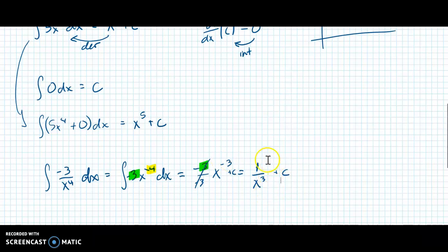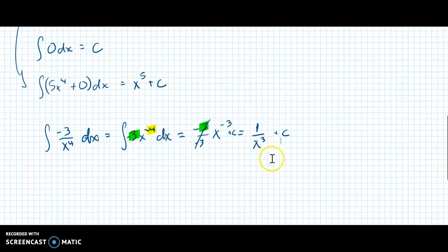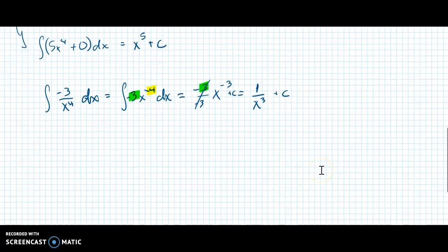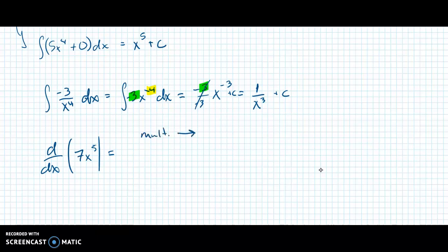So let me try to make a little bit more sense of that with an equation that is a little bit more simple. So to see it, let's do the derivative with respect to x of 7 times x to the fifth. Well, there are two steps here when we do this power rule. I multiply, and then the next step I do is reduce.